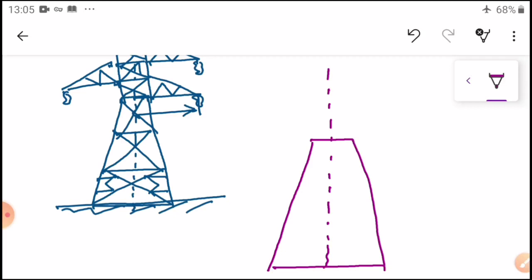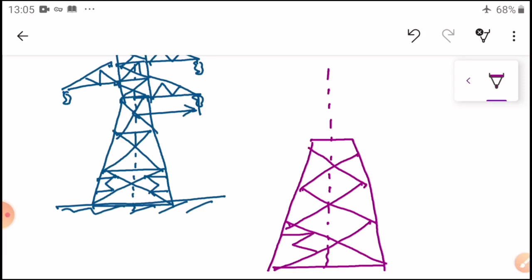Here you can write: this is a mechanical support. You can show it just like here. All are just mechanical supports.